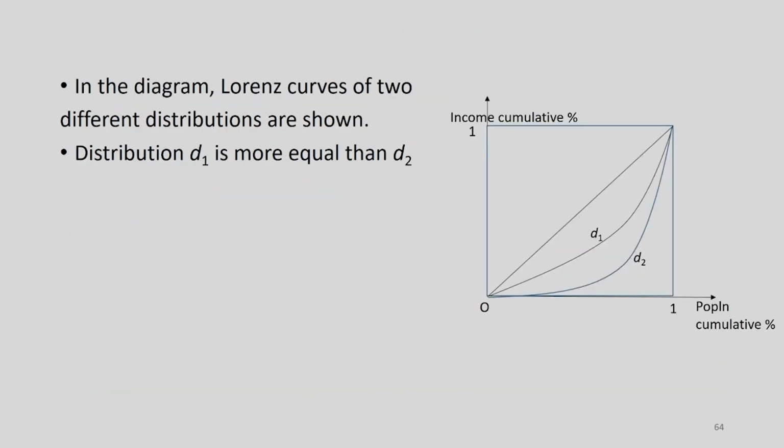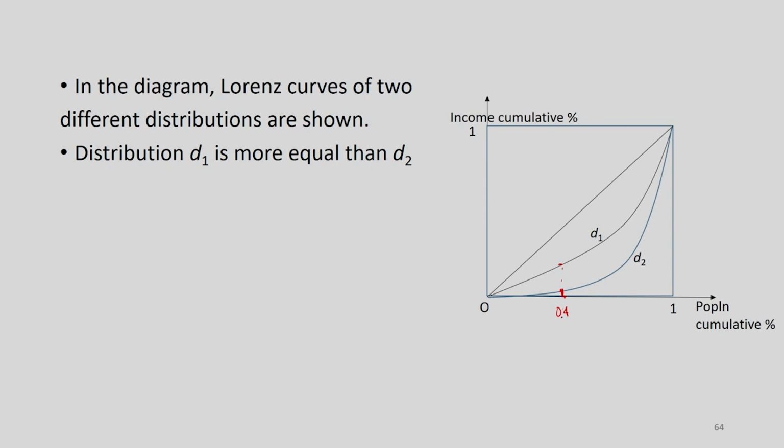So, here is an example. In this diagram, Lorenz curves of two different distributions are shown, D1 and D2. On the x-axis you can see the population cumulative percentage, on the y-axis the income cumulative percentage. For example, suppose here is 0.4. This is the point on the Lorenz curve for D2, and for D1 this is the point on the Lorenz curve for D1. 0.4 means what?